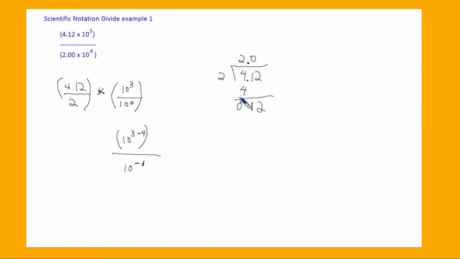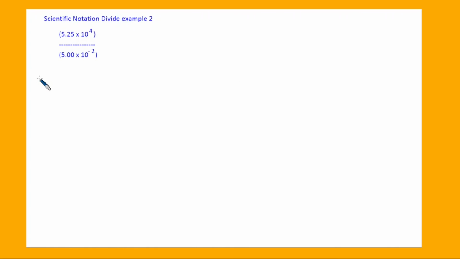And 2 goes into 12 6 times. So then my ultimate value is going to be 2.06 times 10 to the minus 1. There's the result. And that's in scientific notation.